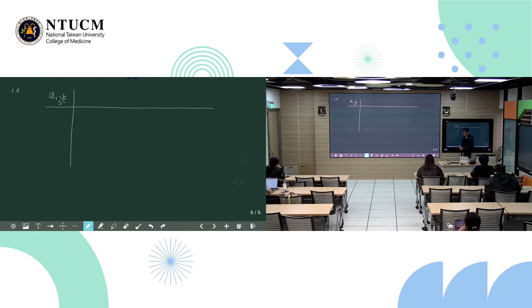S is every row, so we have state 1, state 2, state 3. It'll be dog, cat, tree, mouse, house, telephone, car, any state or any item or any object.